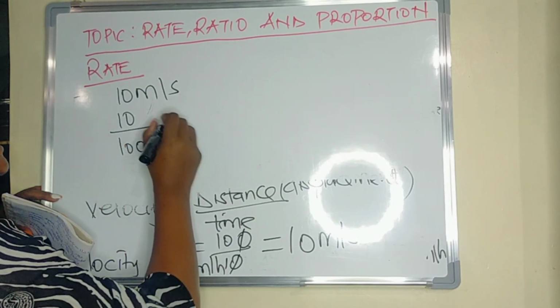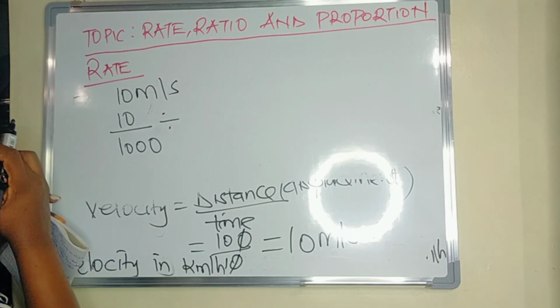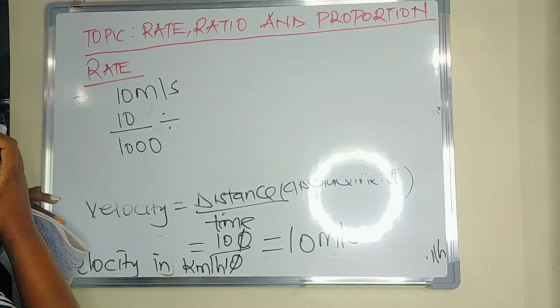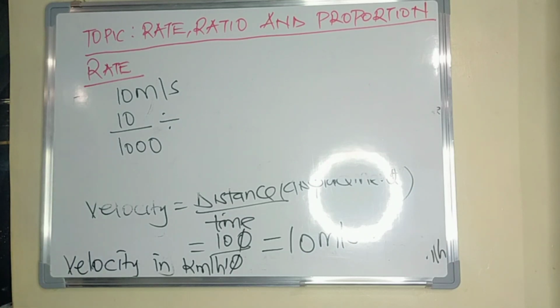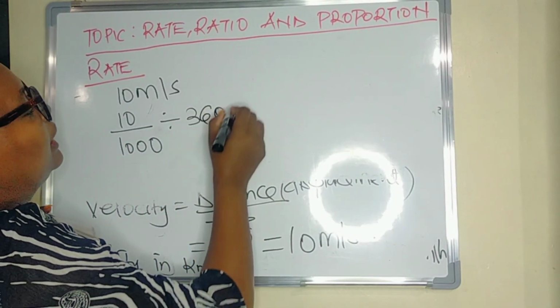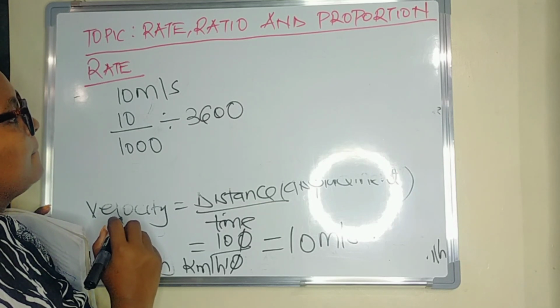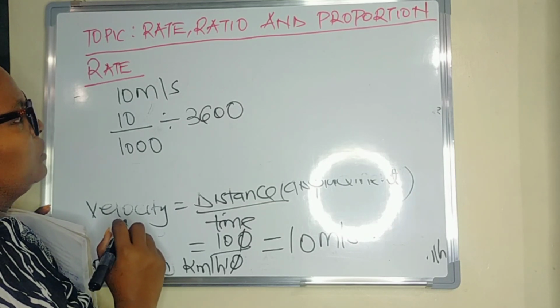Then per means divided by. Changing seconds to hours means dividing by 3600. Is it so?